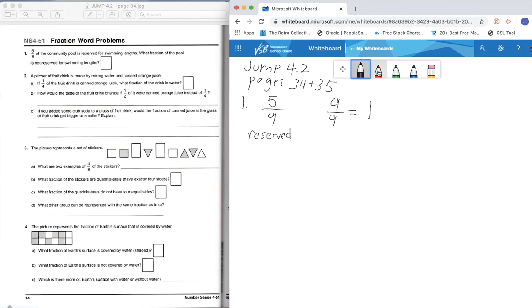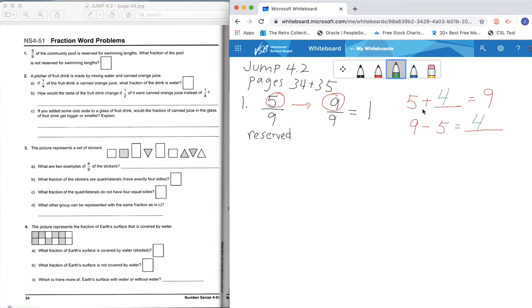how do we get from 5 to 9 at the top there? Okay, so 5 plus what equals 9? Or you can take 9 minus 5 will give you the answer. So for both, the answer is 4.